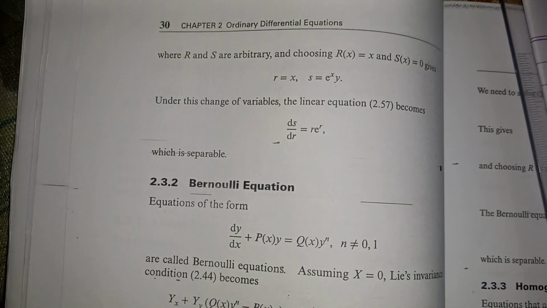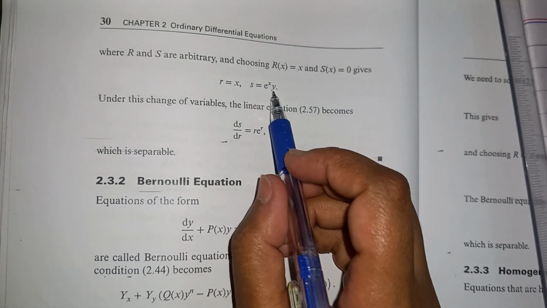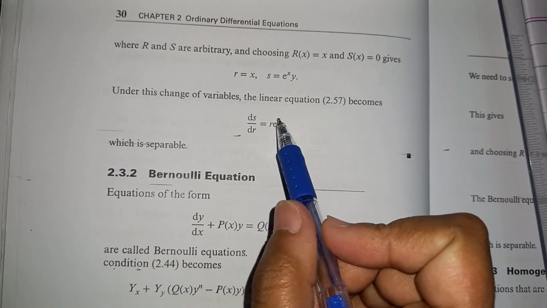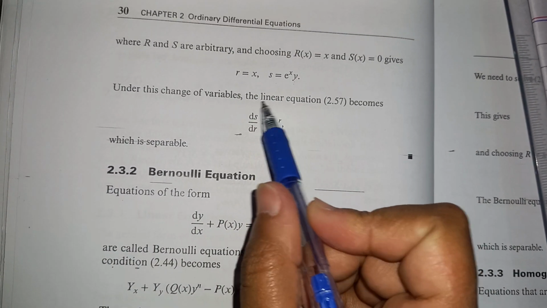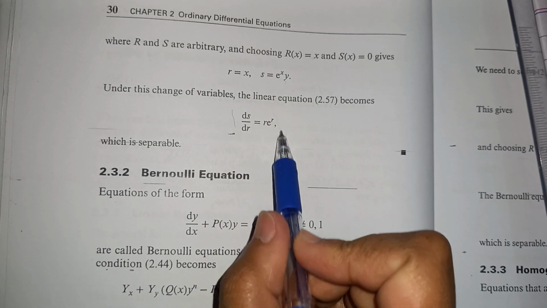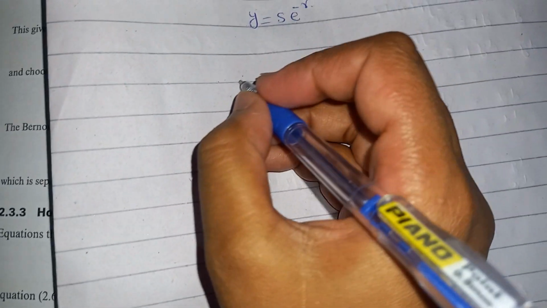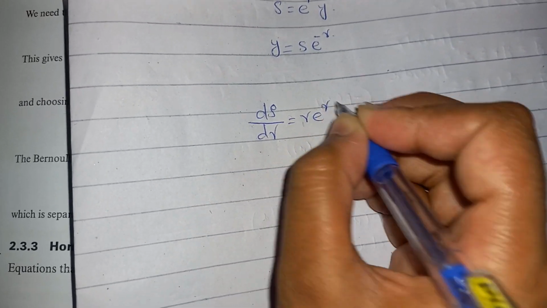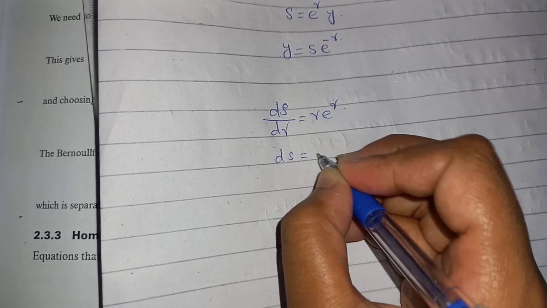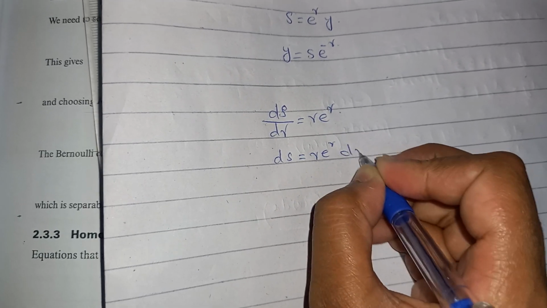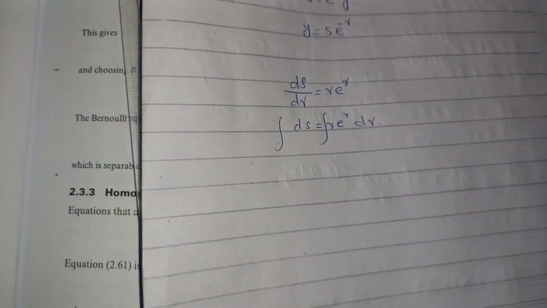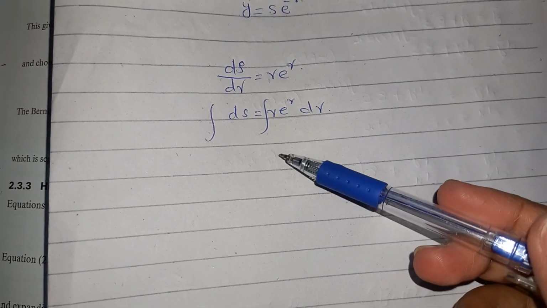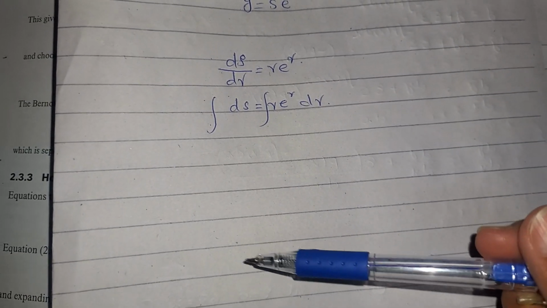Now students, if you now take the differential of y, then after some simplification you will get this value, and obviously this is a separable equation, and you can also write it in this way, like ds by dr is equal to r e raised to power r, and ds is equal to r e raised to power r into dr. And if you integrate on both sides and simplify it further, then you will get your required answer.